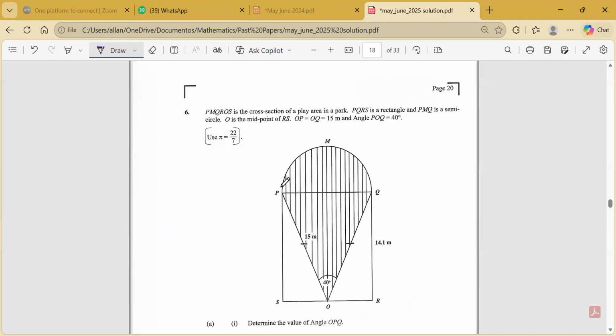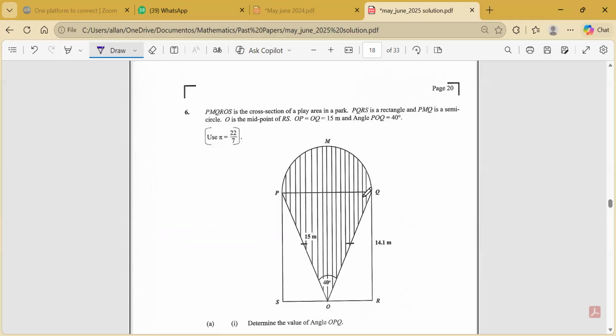PQRS. So you have a rectangle and a half circle. So I'll be asking you all the questions and you'll work it for me.